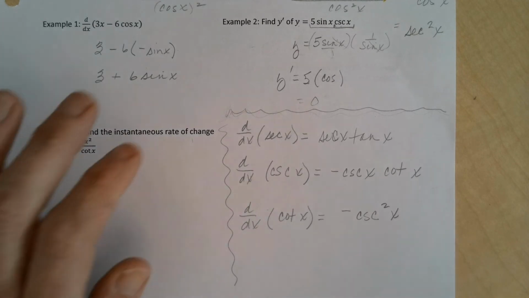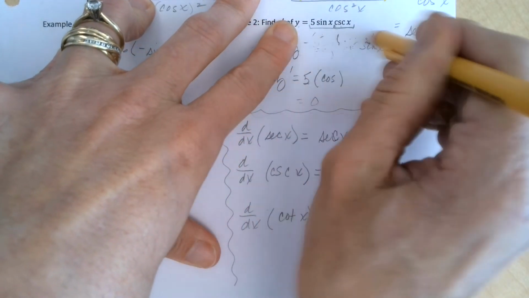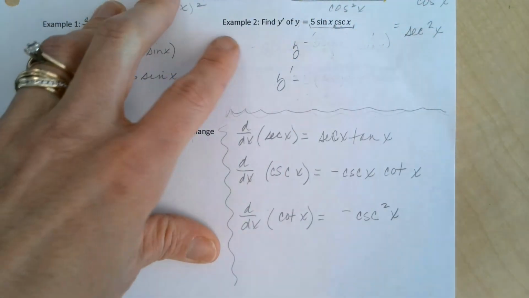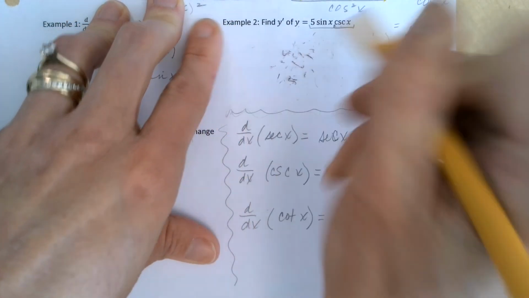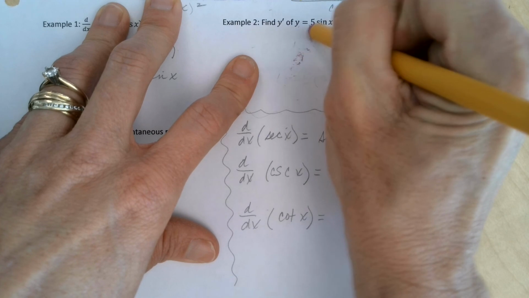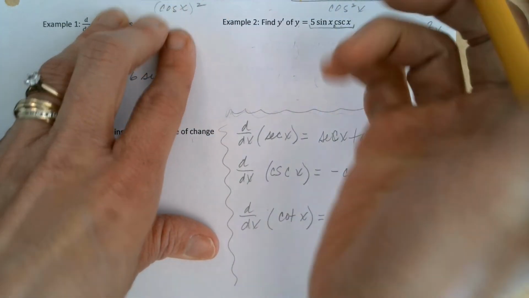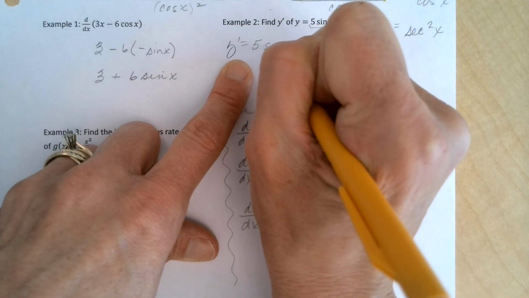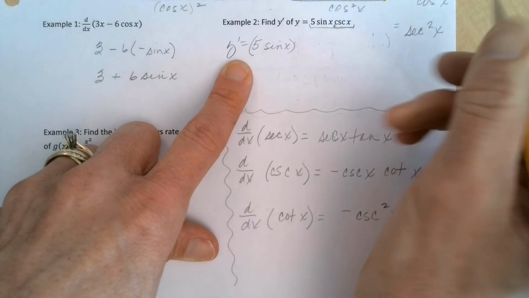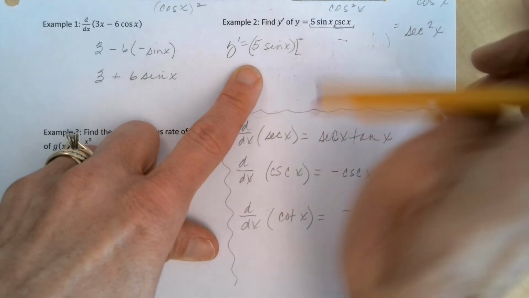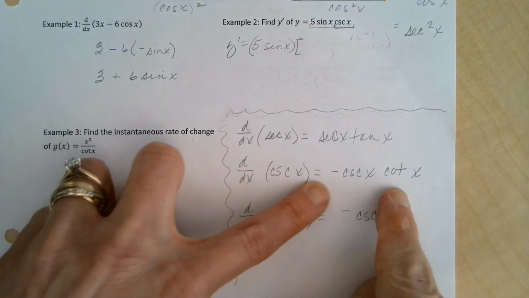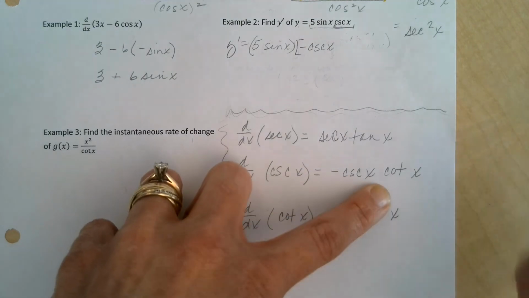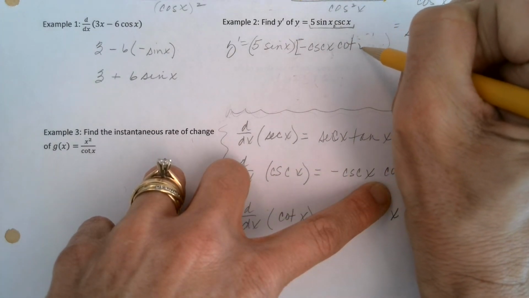So when we come up here to do this, now that we have this identity as a product rule, we need to buy stock and erasers. The derivative is equal to the first times the derivative of the second, and this derivative of cosecant is the opposite of the cosecant of x times the cotangent of x.